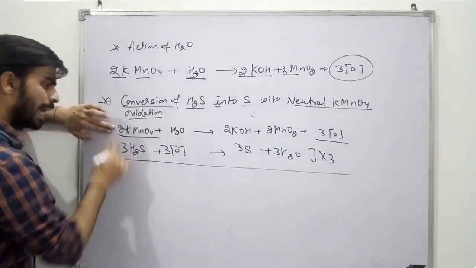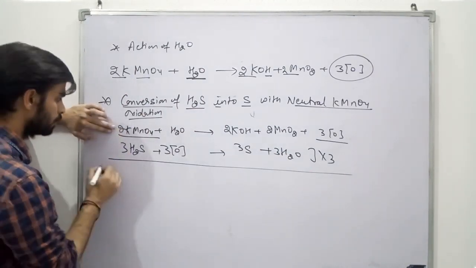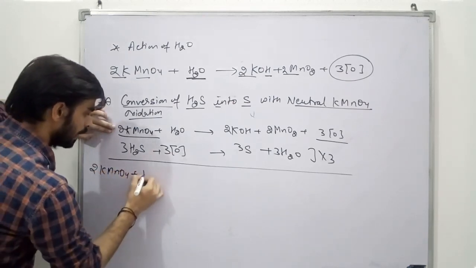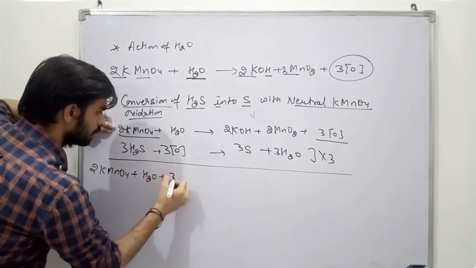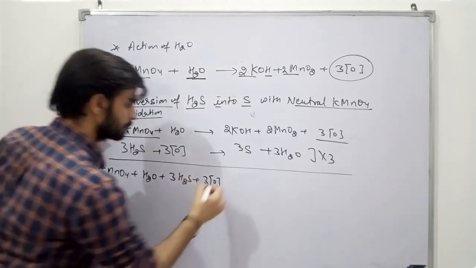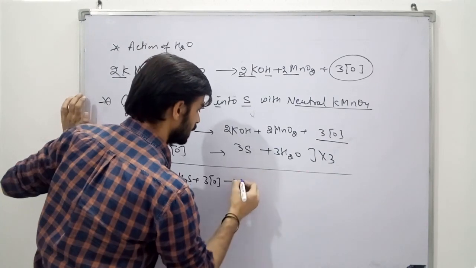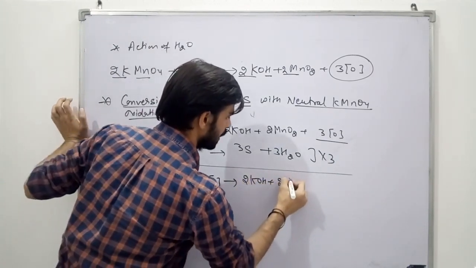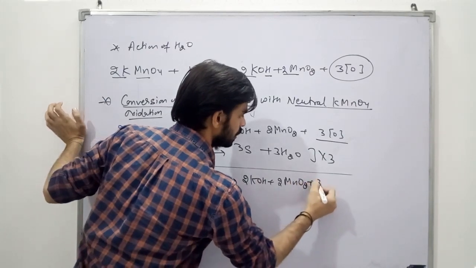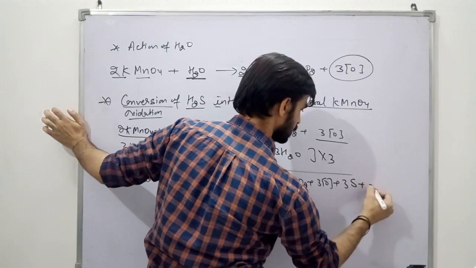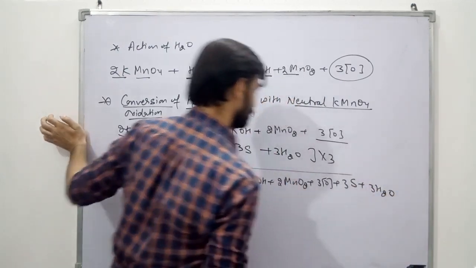Now add these equations and we have twice of KMnO4 plus H2O plus 3 times of H2S plus 3 times of nascent oxygen. Also on the right side we have twice of KOH, twice of manganese oxide, 3 times of nascent oxygen, 3 times of sulfur, 3 times of H2O.